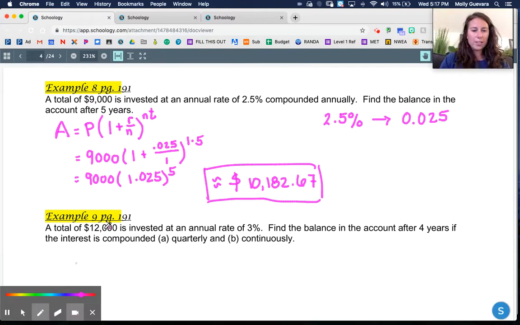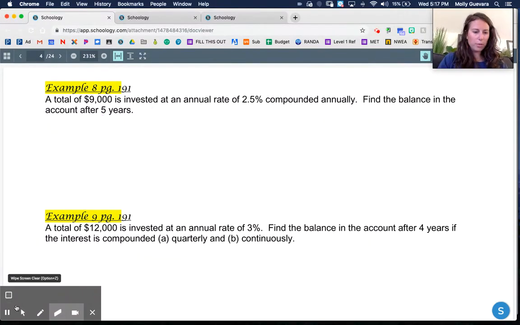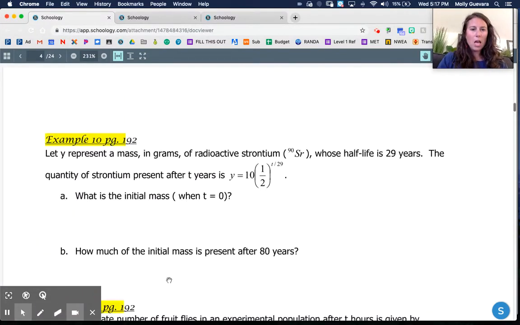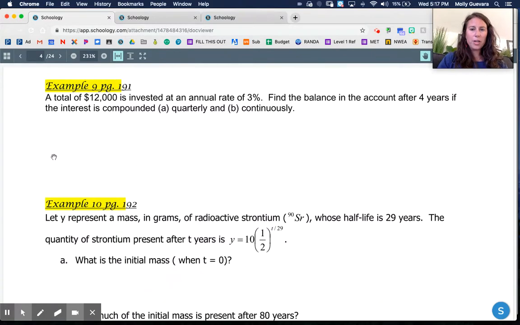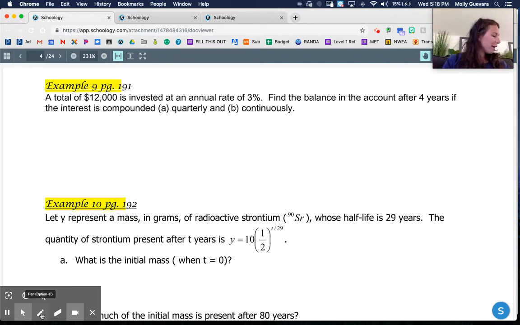Okay, so hopefully that makes sense, right? This should look decently familiar, doing these types of problems. I want you guys to try example 9. You're going to be doing this twice. We have $12,000 invested at an annual rate of 3%. Find the balance in the account after 4 years.